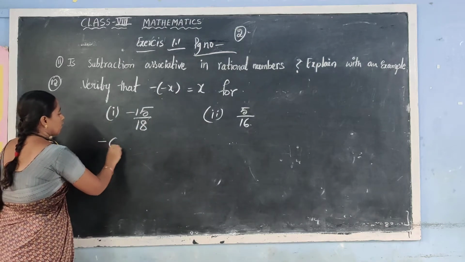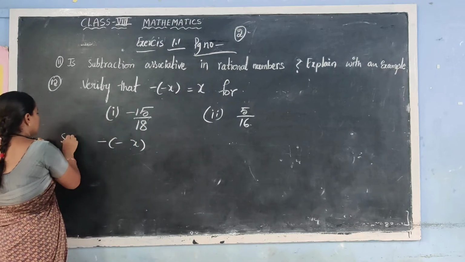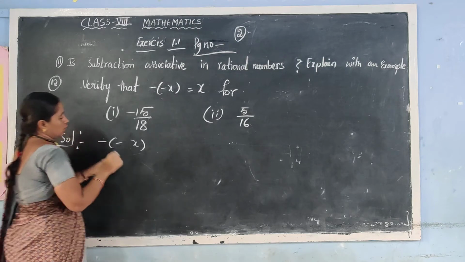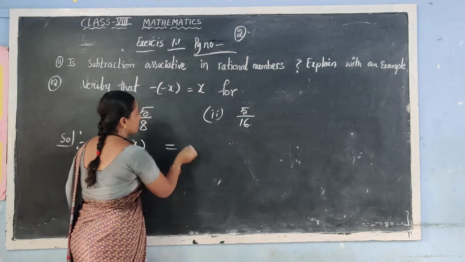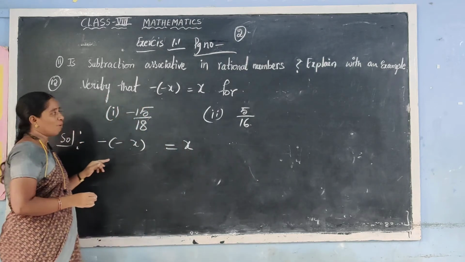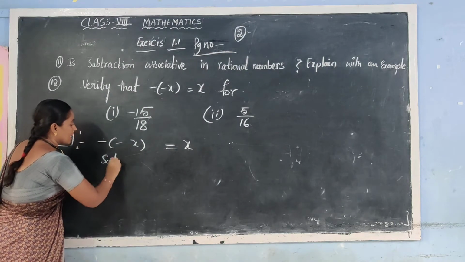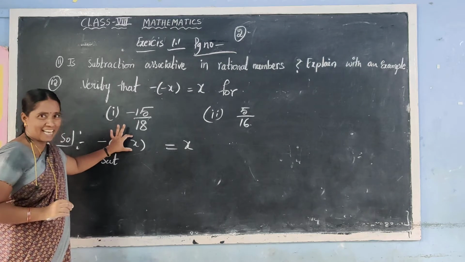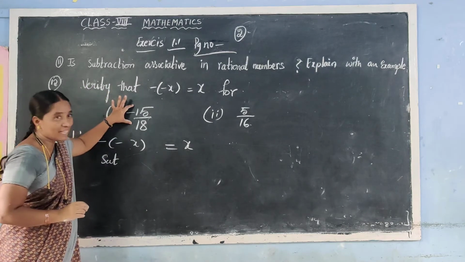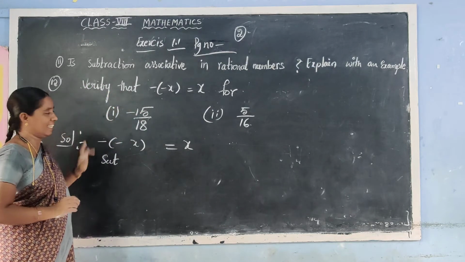So first we have to mention in the solution: minus of minus x equals x. Now let us substitute. We have to replace x by substituting minus 15 by 18.